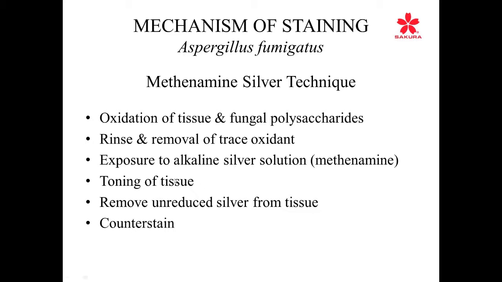Then there is a toning procedure, usually with gold chloride. What this does is change the methenamine silver, which is by nature a type of brown metallic, into a black or gray type of metallic. Then the excess silver is reduced from the tissue, and then a very light counterstain is applied.